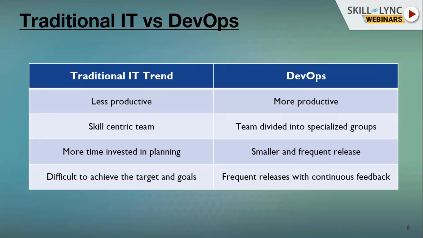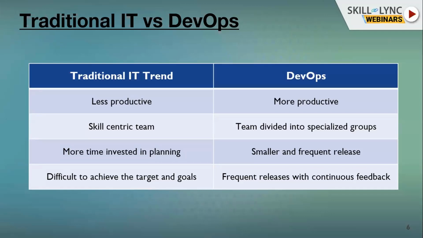In the traditional IT trend, all the teams work in silos, so it becomes very difficult to achieve the targets and goals, because there is less communication and interaction between the teams. They have their own timelines, so they don't have the complete picture and don't understand the big picture.